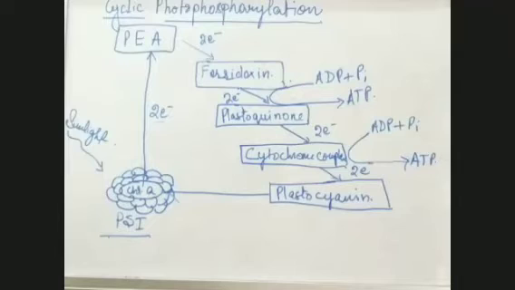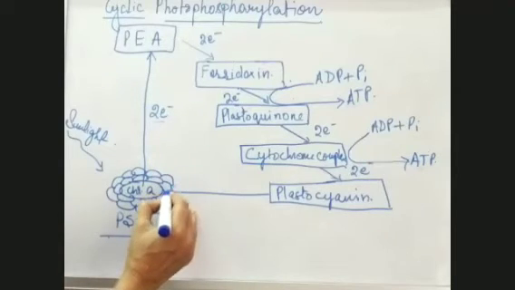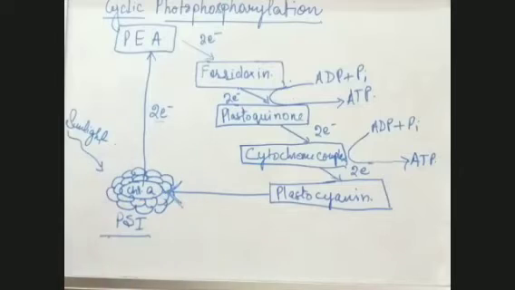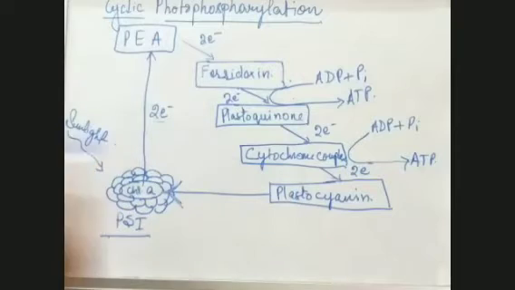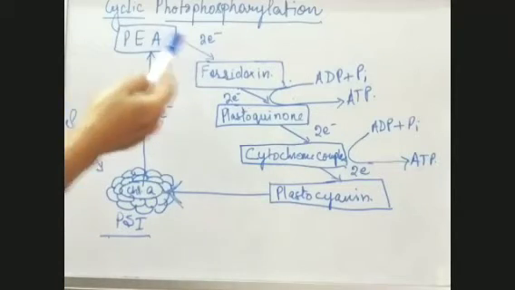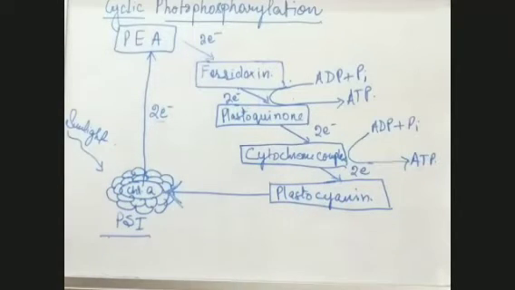But here, do you think any photolysis of water is required to provide electrons? No, it is not required, because the electron is coming back to the reaction center. Once it goes out, it moves through the ETS complexes and then returns back.